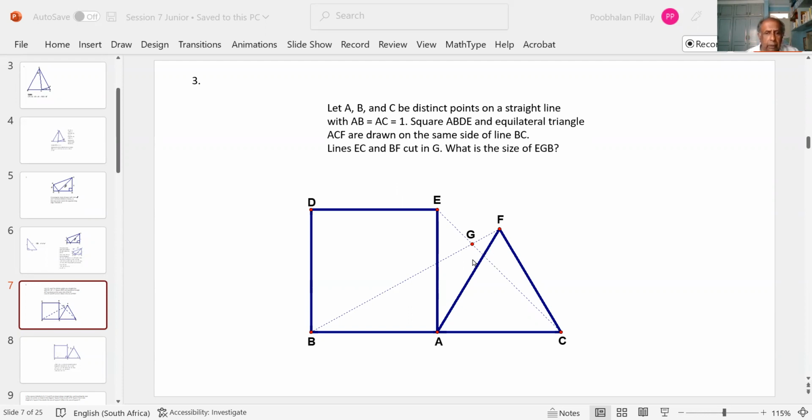Sorry, we had load shshedding. Let me just rewrite this. What I had here was a Y here and a Y here, and all these sides are 1.